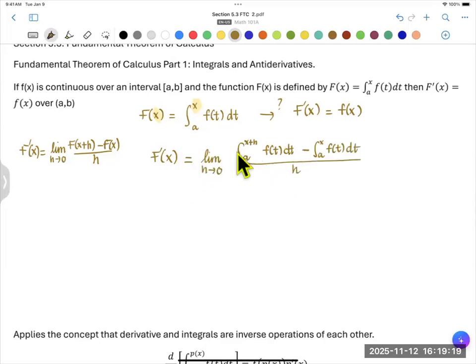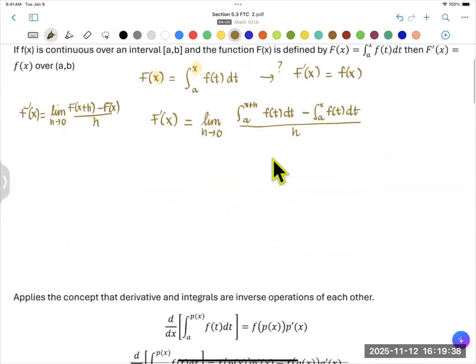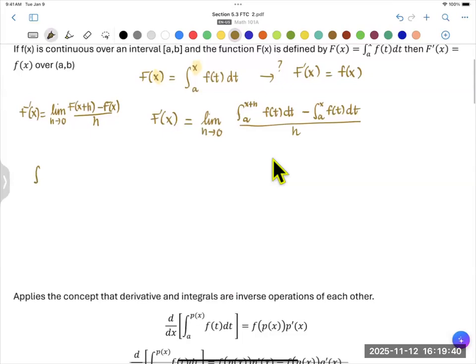When I get to this point, I don't know what to do, because I don't know how to find the integral from a to x plus h of f(t) dt. How do I then apply the derivative? But remember, in the previous section 5.2, we learned that the integral helps you find the area.